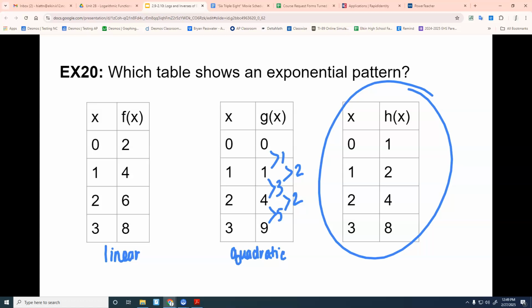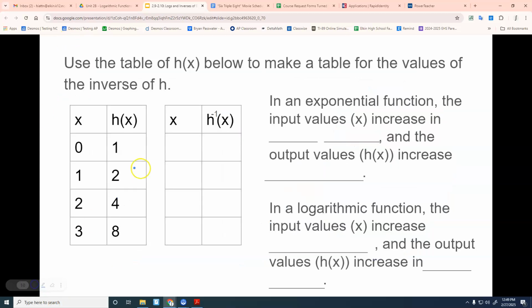We have already looked at identifying linear, quadratic, and exponential. We need to be able to identify logarithmic from a table as well. So, logarithmic is going to be a little bit, or kind of a lot different than the other ones we've seen. But if you think about the fact that a logarithm and an exponential are inverses of each other, it should kind of make sense what we're going to be looking for, right?